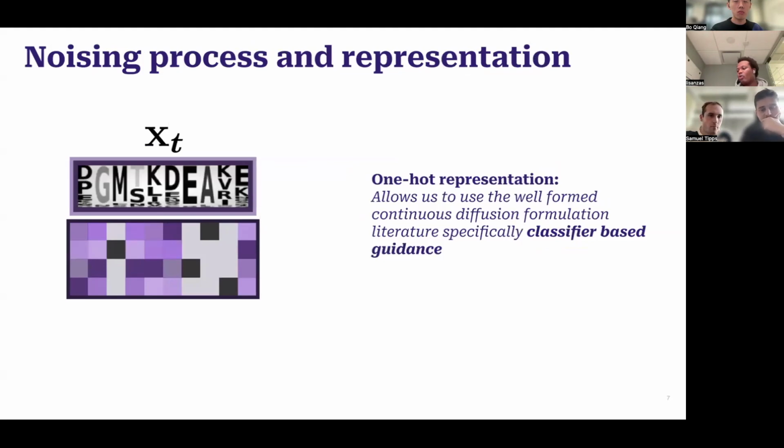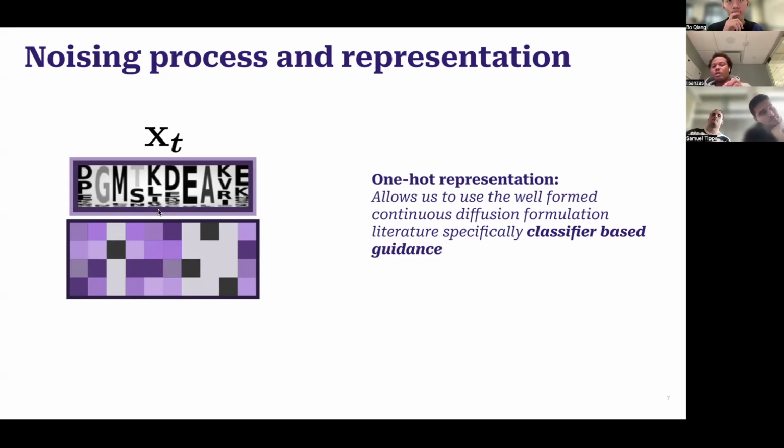Okay, now that we've motivated why we want to do diffusion in sequence space, the question is how do we represent sequences in something the model would understand, specifically within this diffusion paradigm? We chose to represent our sequence in terms of one-hot tensors. With this representation, as the normal continuous diffusion literature has done, we can just add Gaussian noise to this and then slowly remove it within the typical diffusion paradigm.